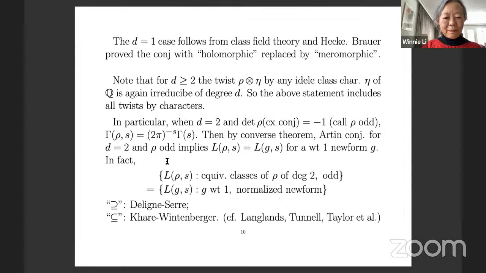So now here we have 2 sets of L functions. One is L functions associated to equivalence classes of degree 2 odd complex representations of the Galois group G_Q. The other is L functions associated to weight 1 normalized newforms.